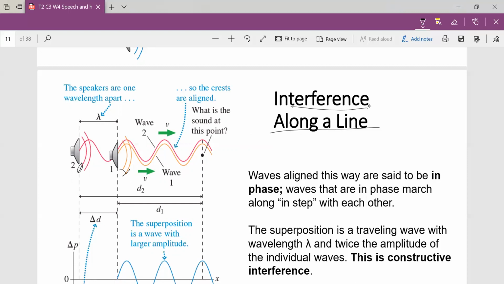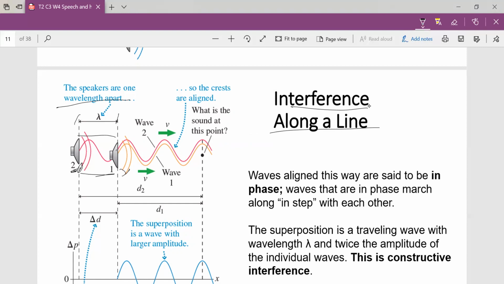We see from the diagram of the wave graph that the speakers are one wavelength apart. Because it's a complete one wavelength, we see that the wave from speaker 2 is perfectly superimposed on the wave of speaker 1. From this, we can tell that they have the same wavelength, frequency, and amplitude.